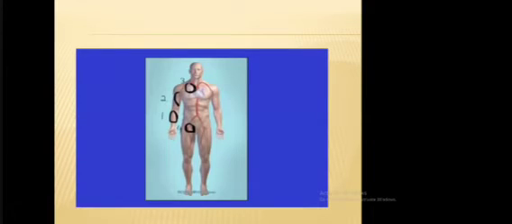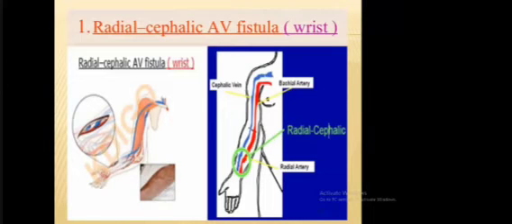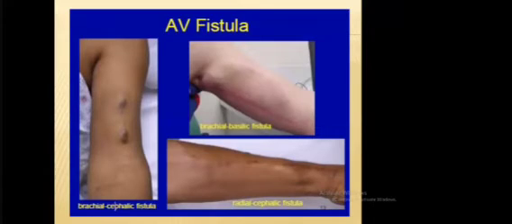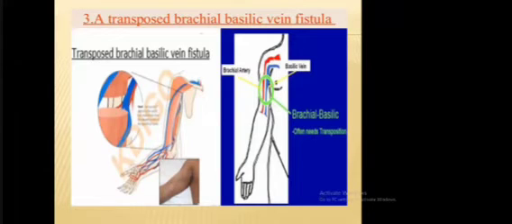These are the common sites of creating the fistula in the forearm, upper arm, axillary sites and femoral sites. And this is what is going to happen with the transposed brachial basilic fistula. This is a two-step surgical technique.